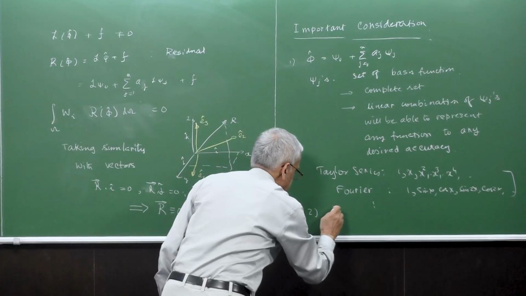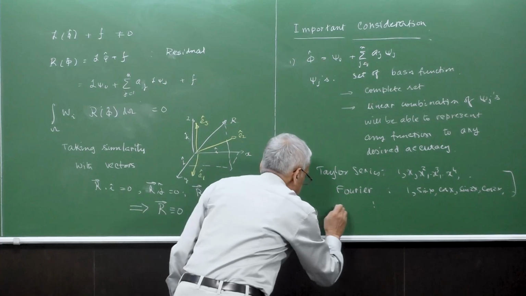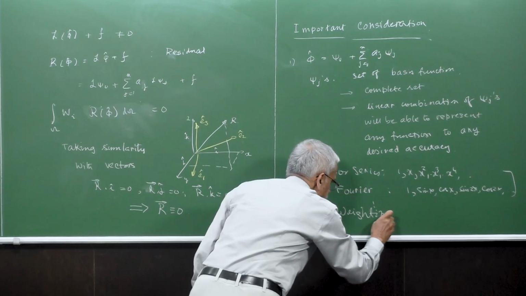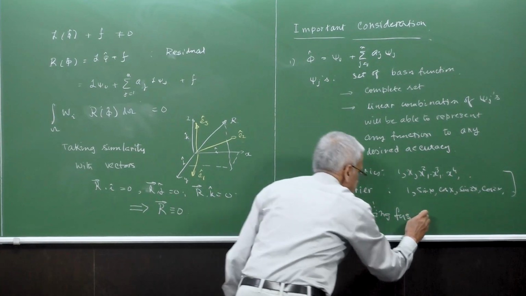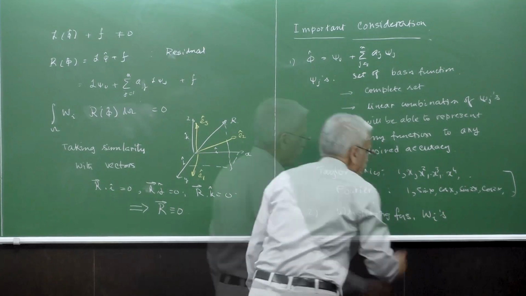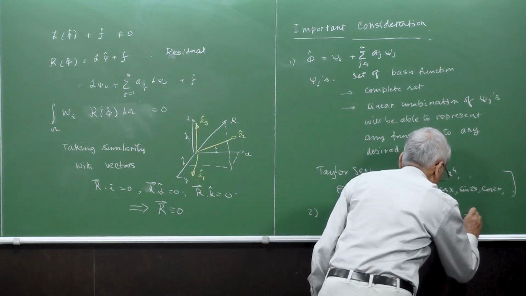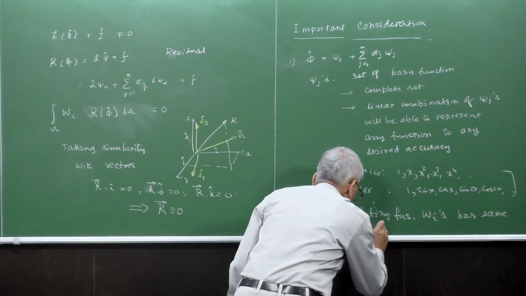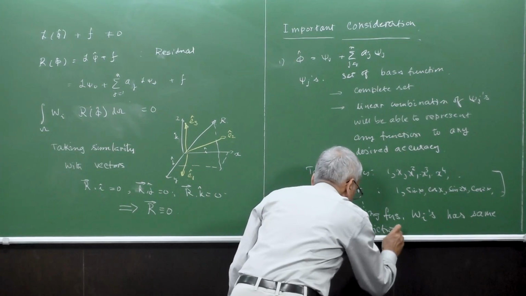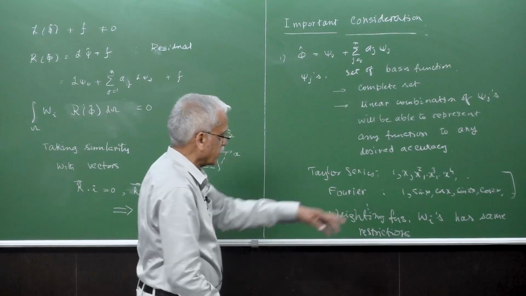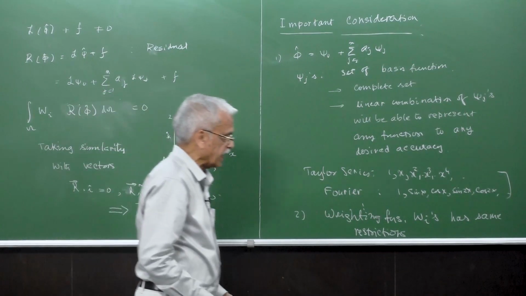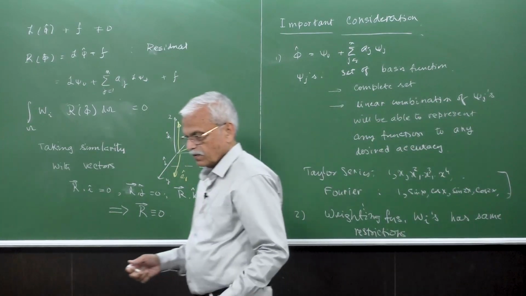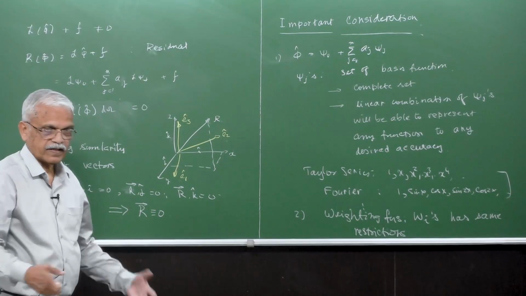Then choosing the weighting functions, the wi's, has the same restriction, in the sense that the set of wi's should also be a complete set, just like here, and you should use them in an exhaustive, systematic manner.